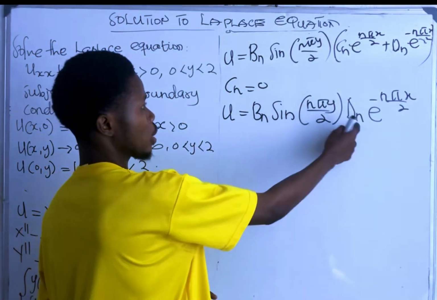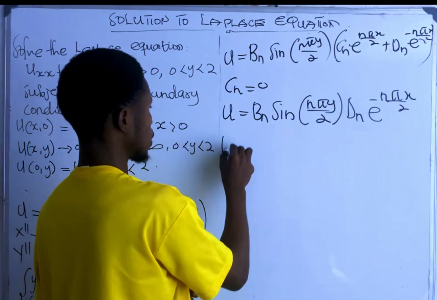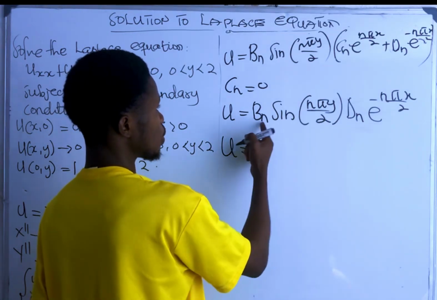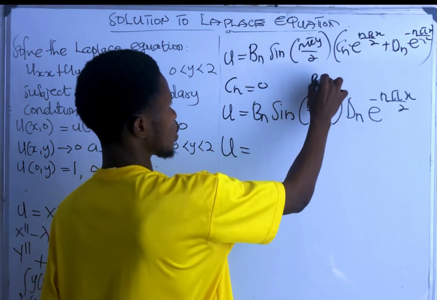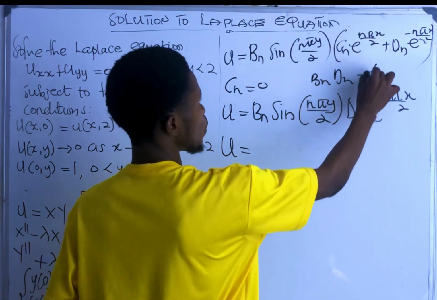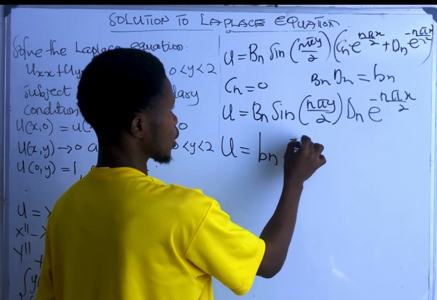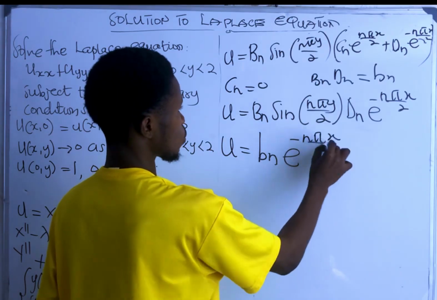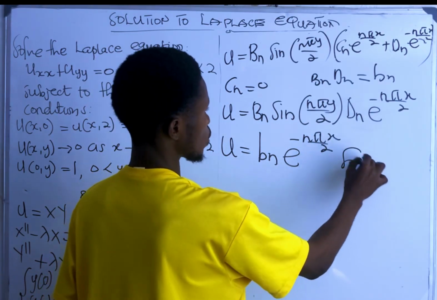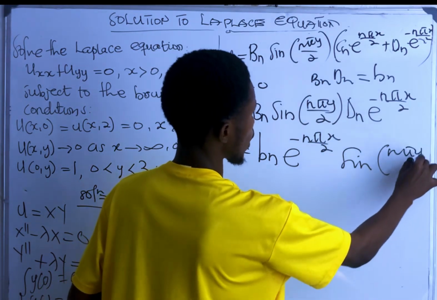This and that are multiplying. If they are multiplying, you can say that my u2, let's replace dn by small bn. So I have small bn e to the power negative n pi x over 2 sine n pi y over 2.